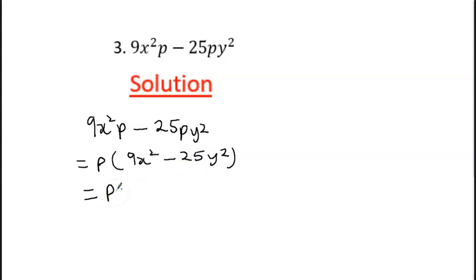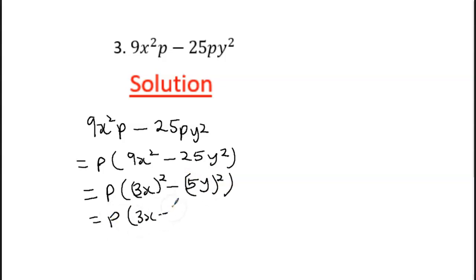So we can write it as p times (3x) all squared minus, and 25 we can write as (5y) all squared. P out, 3x minus 5y, and then you have 3x plus 5y. So just check with your answer.